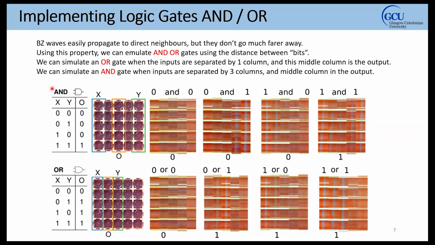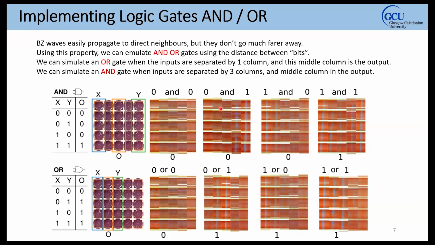In order to implement an AND gate, we did something similar. But here we place the first column as the X, and we place the fifth column as the Y. And again, if the motors are not stirring, nothing happens.